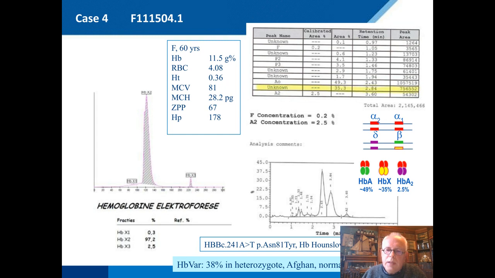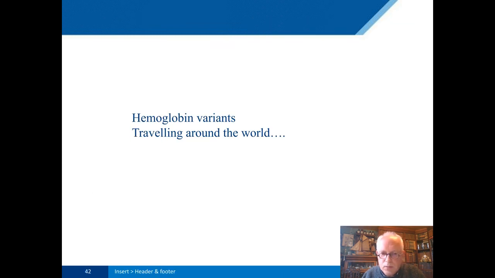And this is present in about 38% in the heterozygote. It originates from Afghanistan, and it gives a normal clinical presentation. So in this case, there's no clinical consequences and also no genetic consequence.